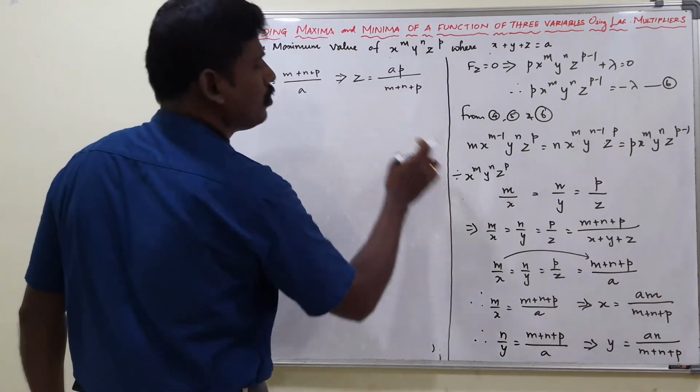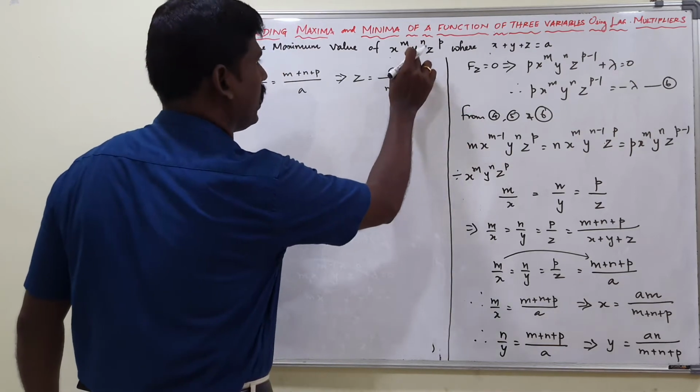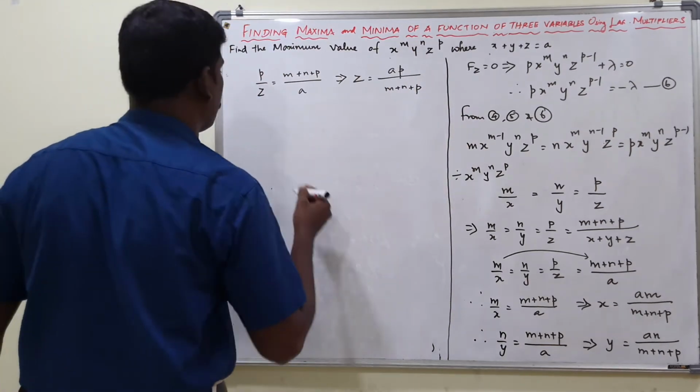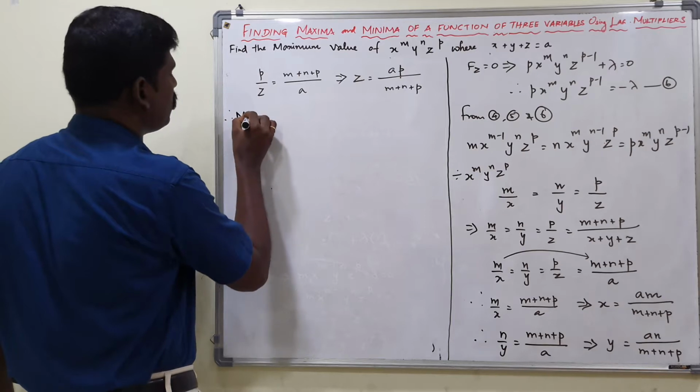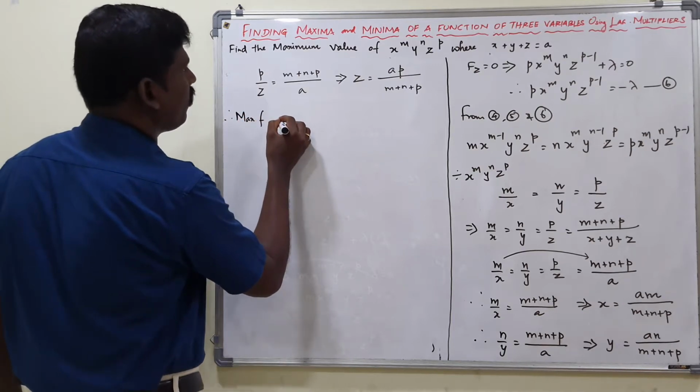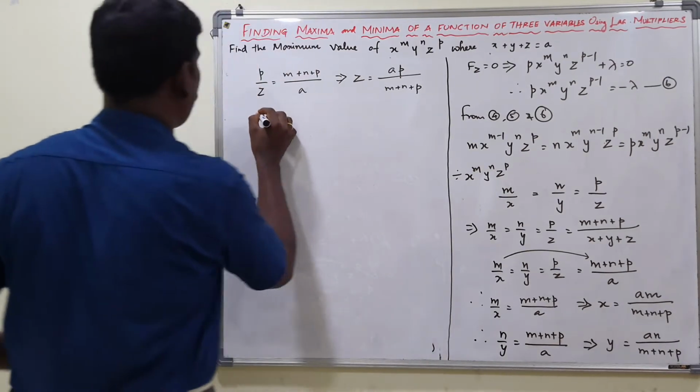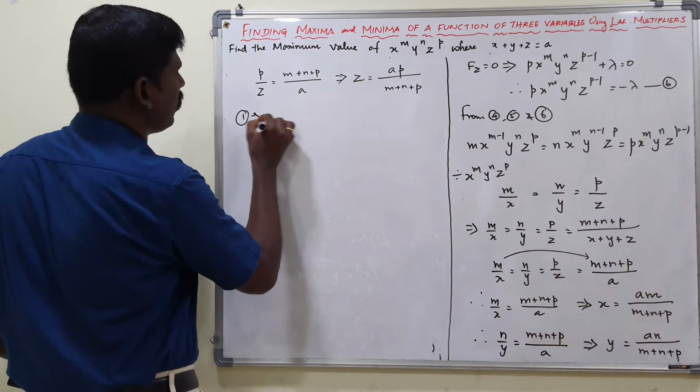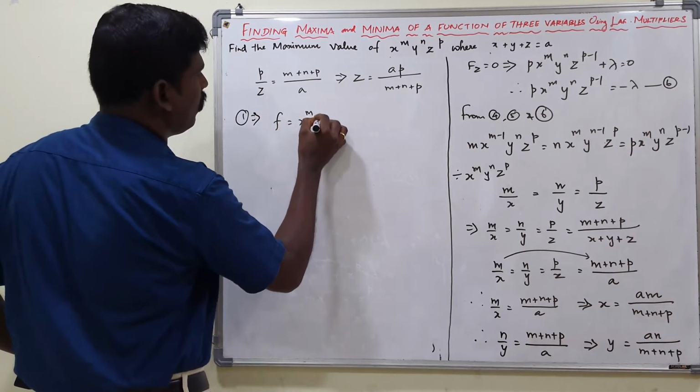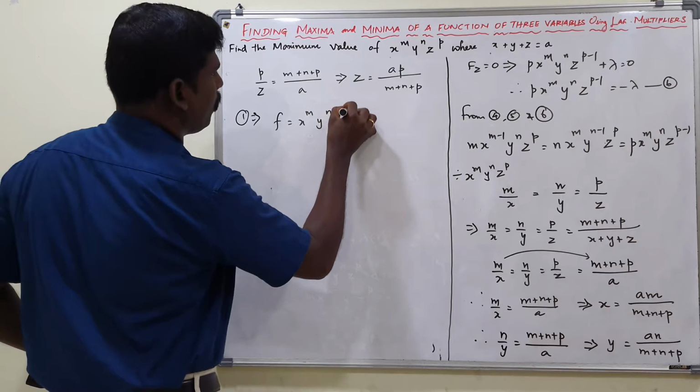Now I am going to substitute these values into the given function f, and we can find the maximum value. Therefore, what is f? f is equal to x power m, y power n, z power p.